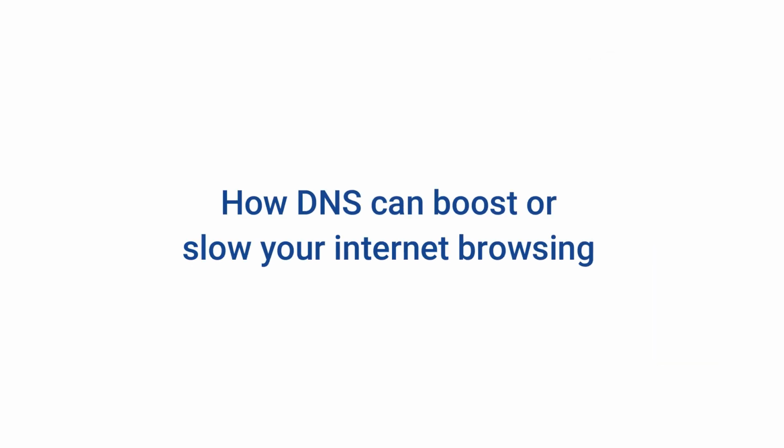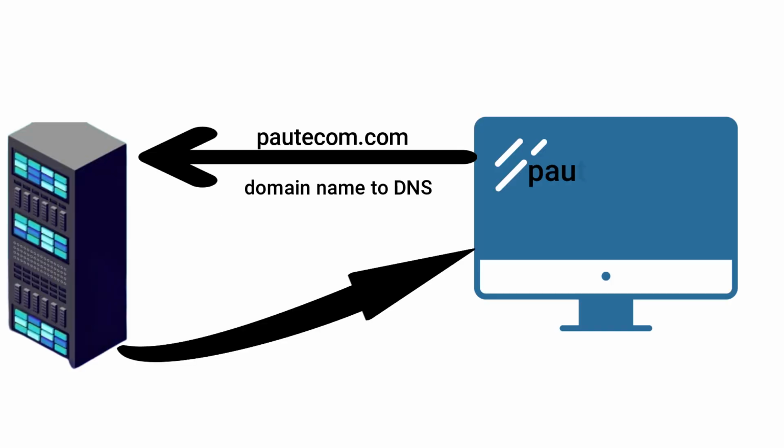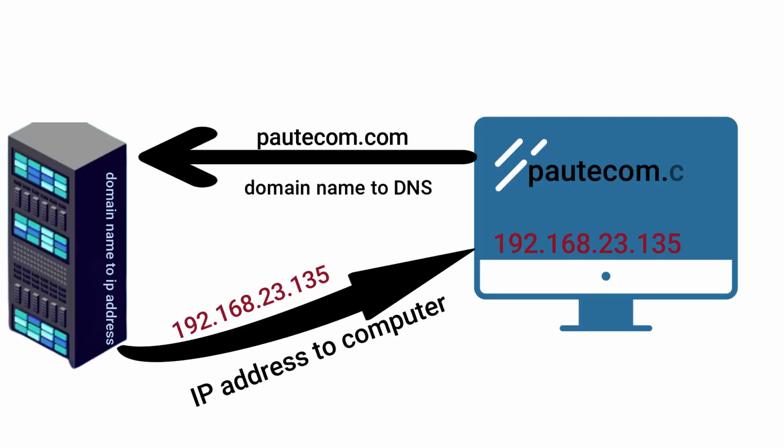Alright, so now that you understand what DNS is, let me show you how it can slow or increase your browsing speed and what you can do to experience faster internet speeds, okay? Now, when you want to visit a website, we just have to type the domain name or click a link. Technically, this is what will happen in the background when you start the command. Your system is going to send a DNS query to figure out which IP address corresponds to the site that you are trying to visit.